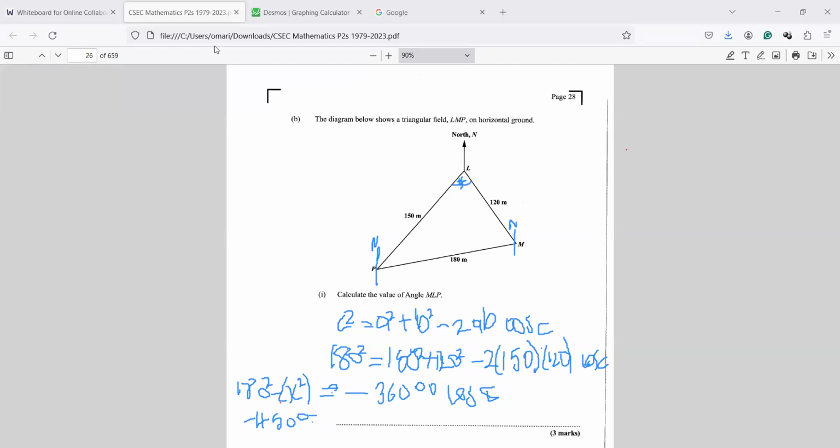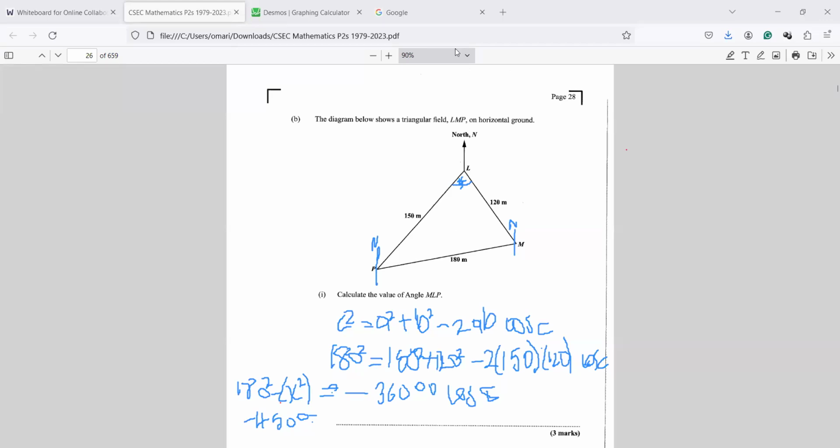So what we need to do now is get rid of the 36,000, because remember the end goal is to find what C is. So we need to get rid of the 36,000 and we need to get rid of the cos. Getting rid of the 36,000 first, you would need to divide both sides by that value. So you divide negative 4,500 by negative 36,000. I think you should end up with 0.1 something, maybe about 0.25.